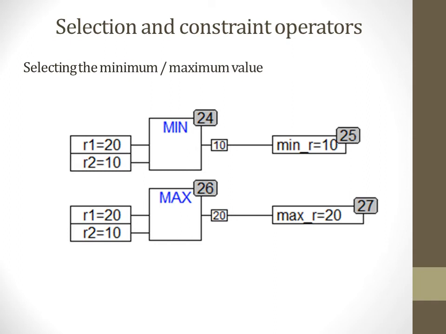Yes, the first operator selects the minimum value from the numbers in the inputs, and the second operator selects the maximum value from the numbers which are in the inputs of this operator.